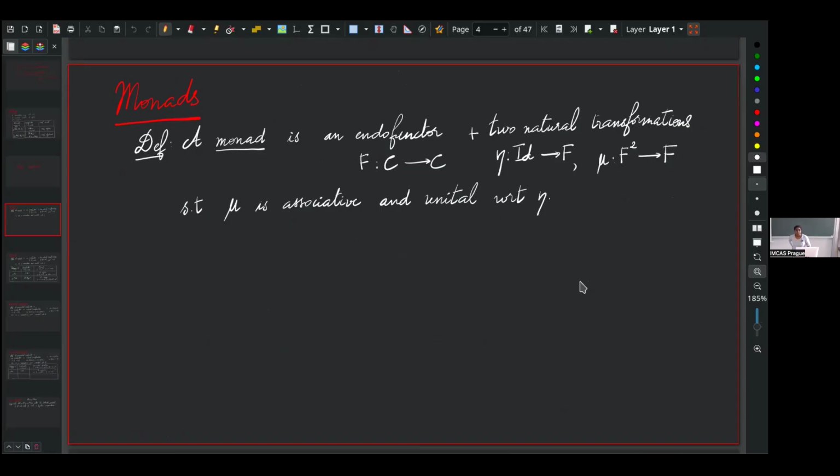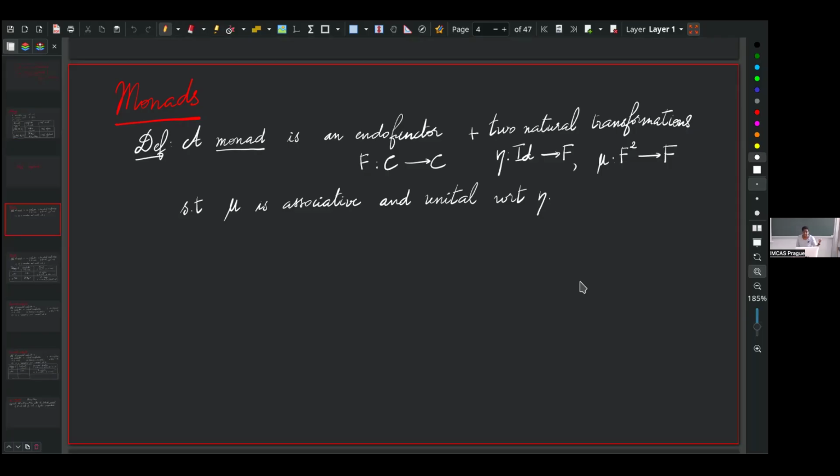So first, a monad is an endofunctor together with two natural transformations. The first one, eta, from the identity to F is called the unit, and mu from F squared to F is called the multiplication. And we expect then mu to be associative and unital with respect to the unit.